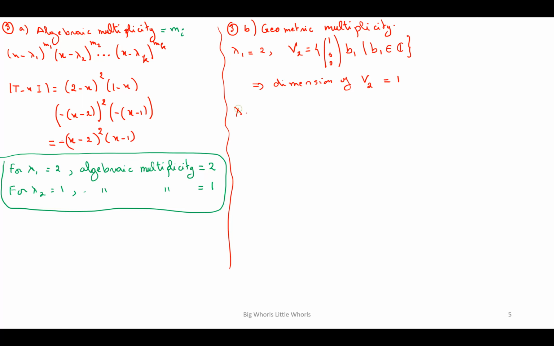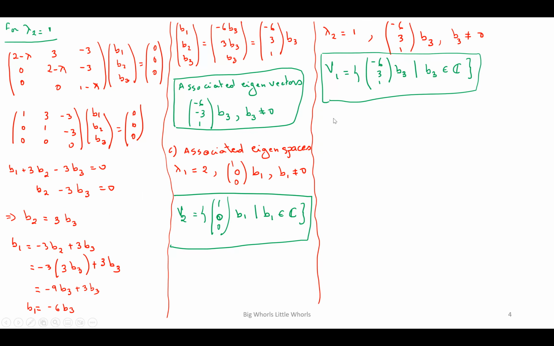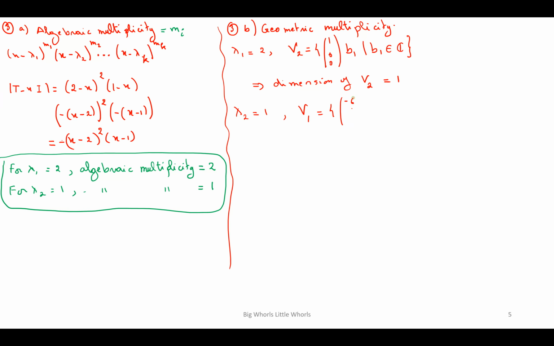For lambda 2, which is equal to 1, the eigenspace is V1 equals (-6, 3, 1) B3, such that B3 is an element of C. That means the dimension of V1 equals 1 as well.